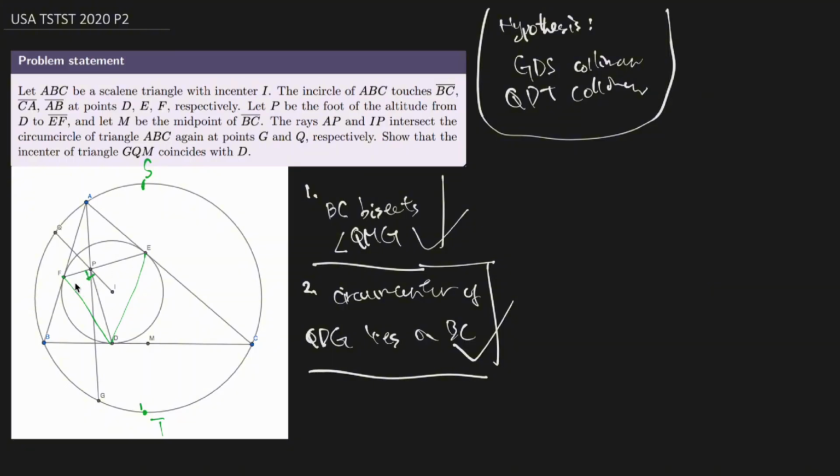So angle EFD is equal to angle EDC by the tangent C, and we also know that since this is isosceles, angle EDC is 90 degrees minus C over 2. So this angle is 90 degrees minus C over 2, and this angle is C over 2. Similarly, this angle is 90 degrees minus B over 2, and this angle is B over 2.